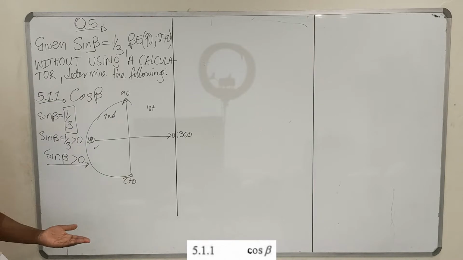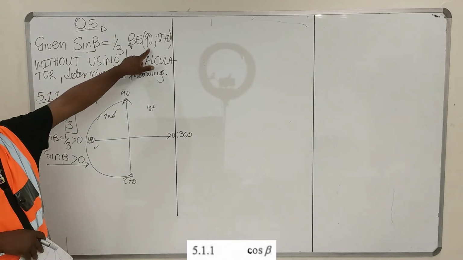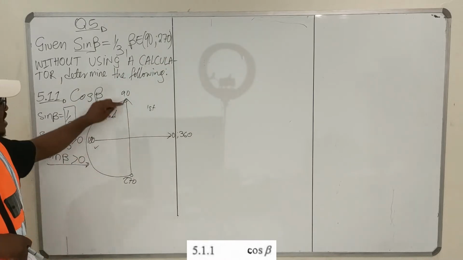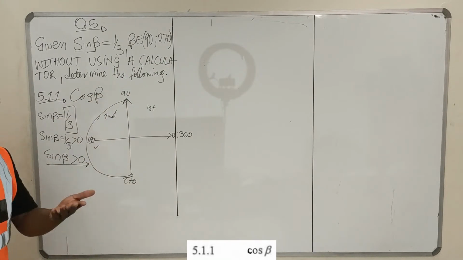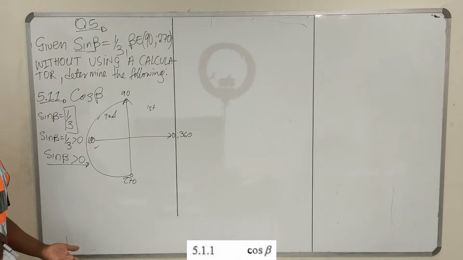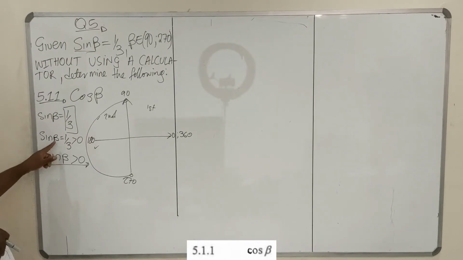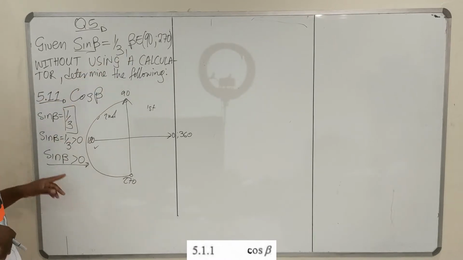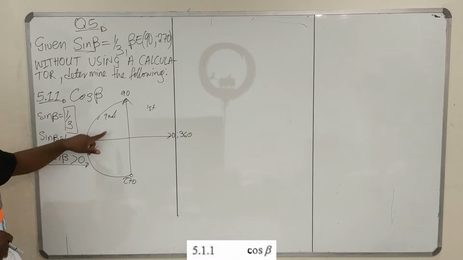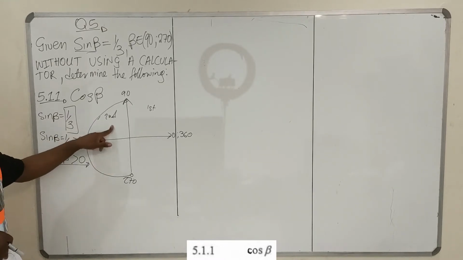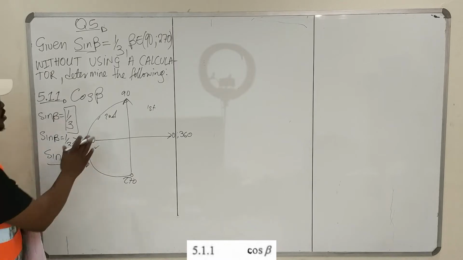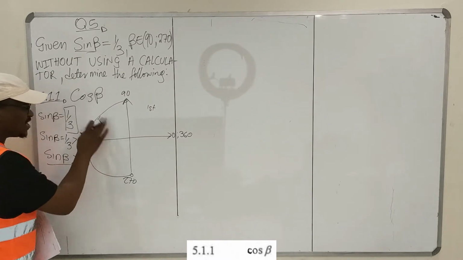You are given the range of your beta, above 90 but less than 270, and you know that sine of beta is positive, so of these two possible quadrants, beta lies in the second quadrant.